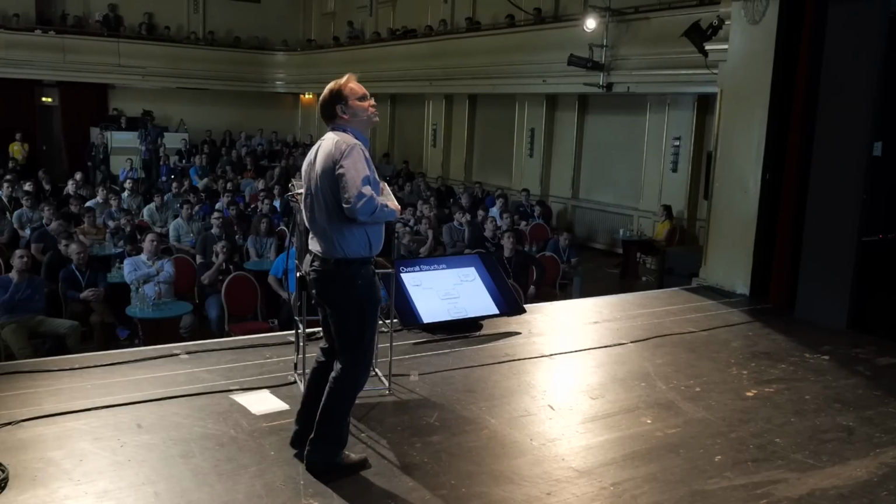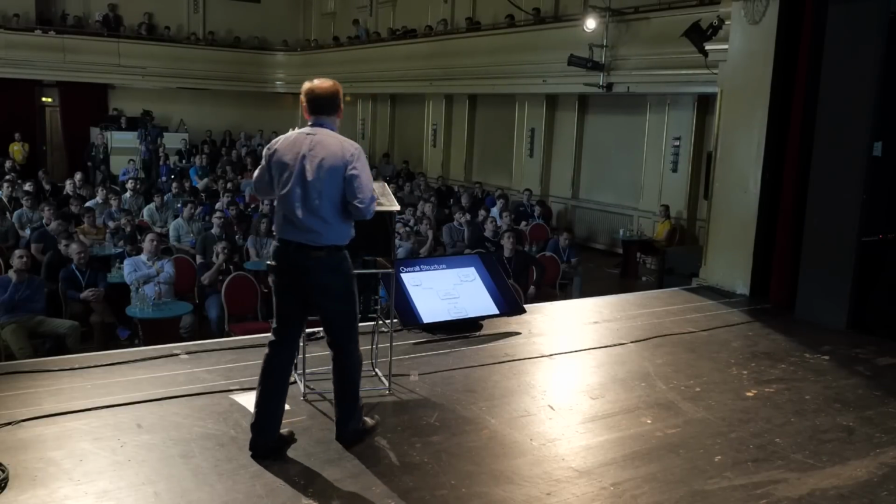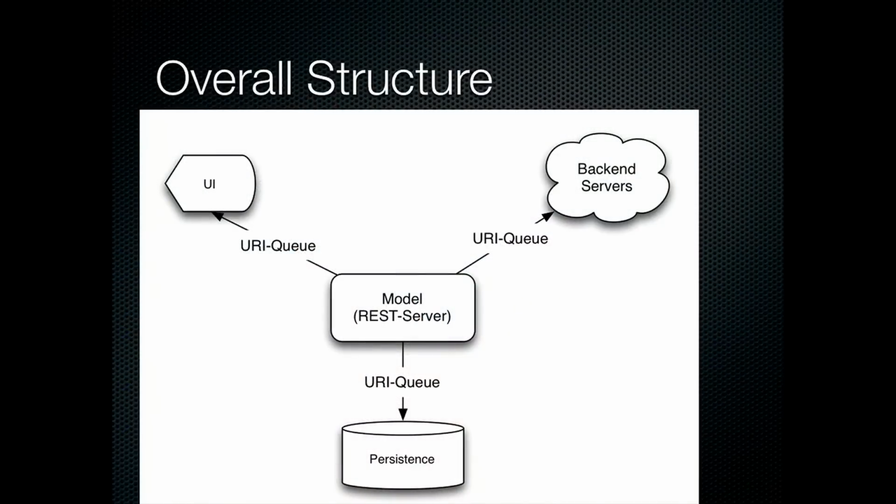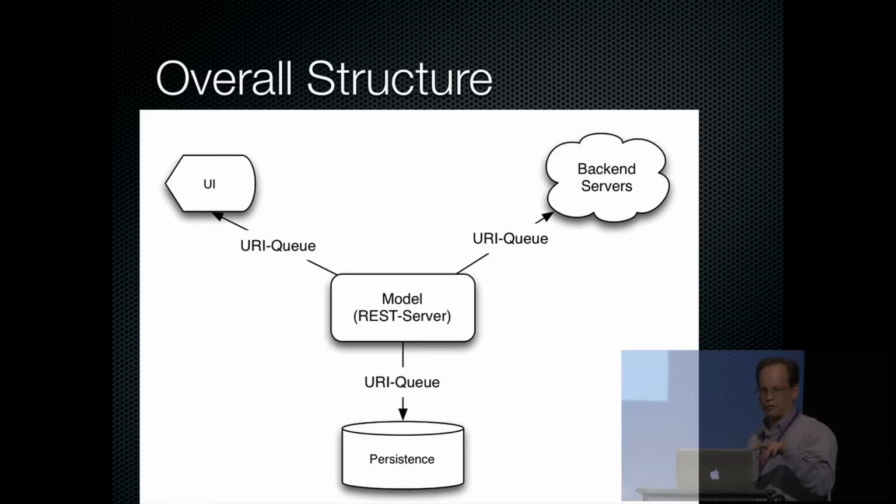And the way we use that is we have a central server inside the application, and then it needs to talk to the outside world, right? On one hand, it needs to talk to the UI, and it needs to talk to the backend servers, which may be, of course, we need to work disconnected, and it needs to talk to the persistence store.